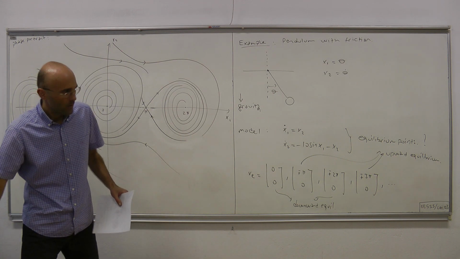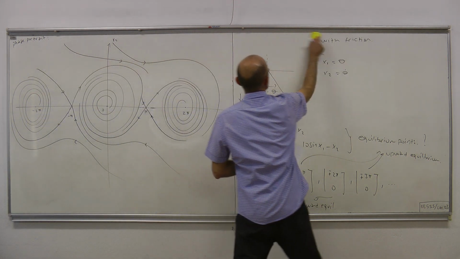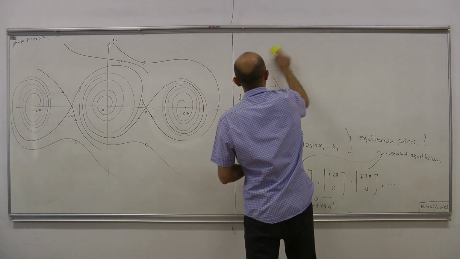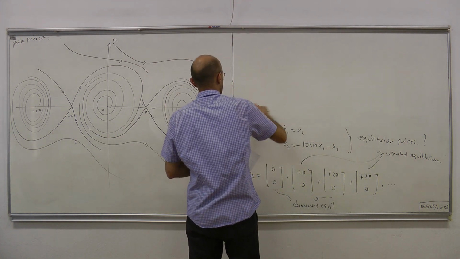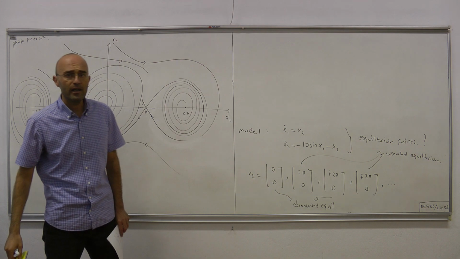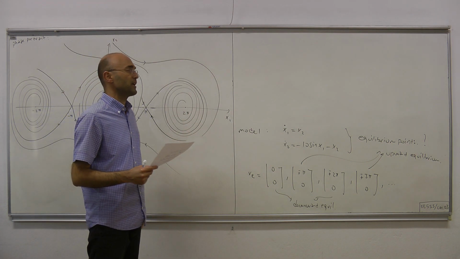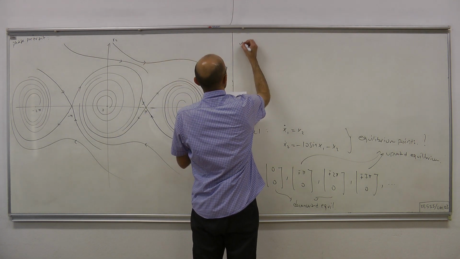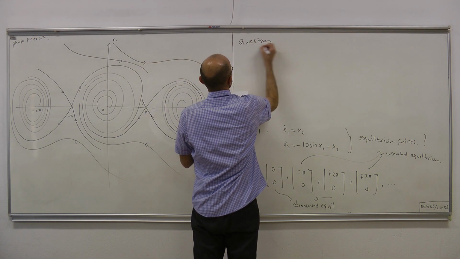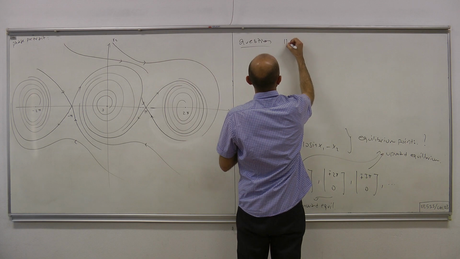Now here's a nice exercise. You can think about it first, and then verify your outcome by running a simulation. Question: how about the case without friction? What happens in this case?